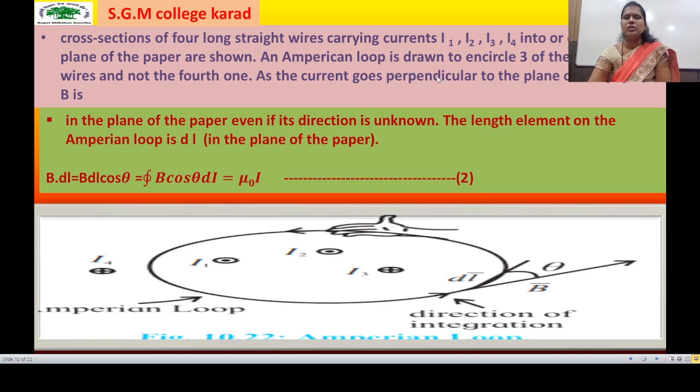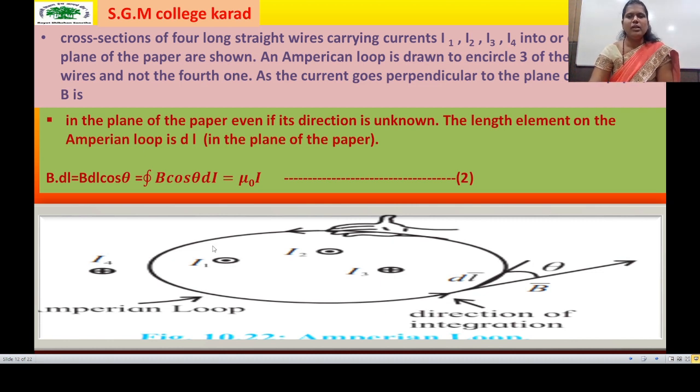The Amperian loop is drawn to encircle 3 current wires. Only 3 current wires are encircled here: I1, I2, I3, and the 4th one, I4, is not inside.